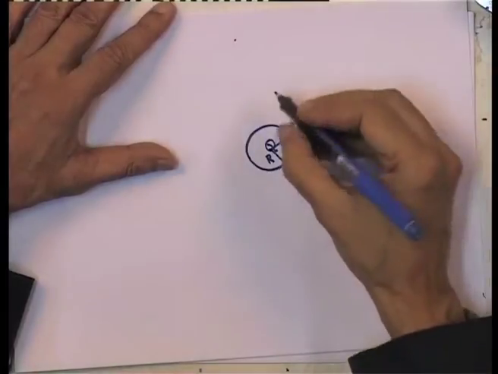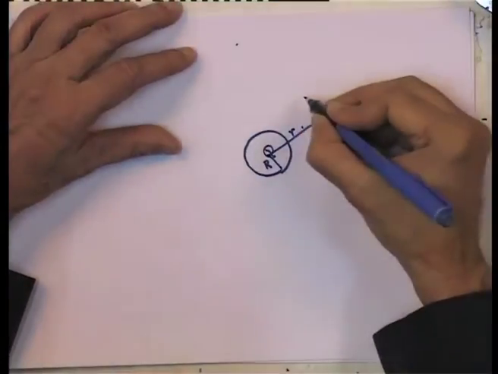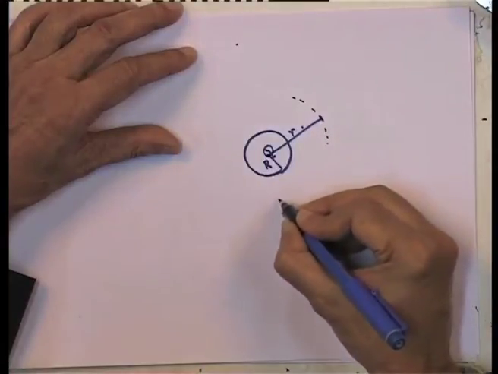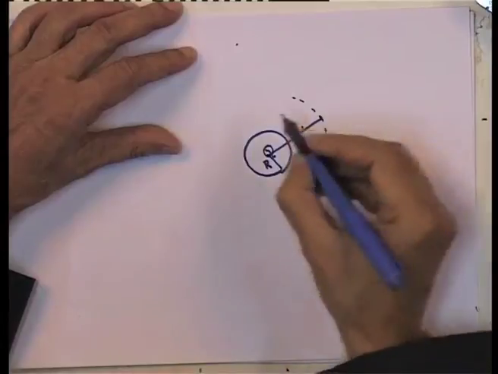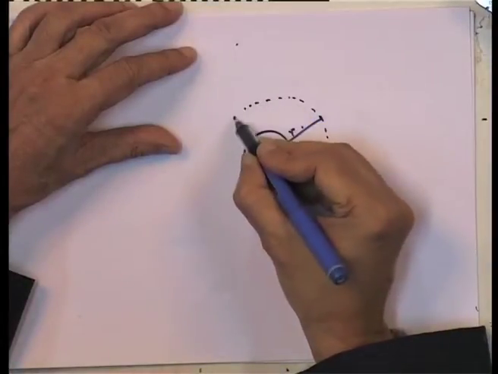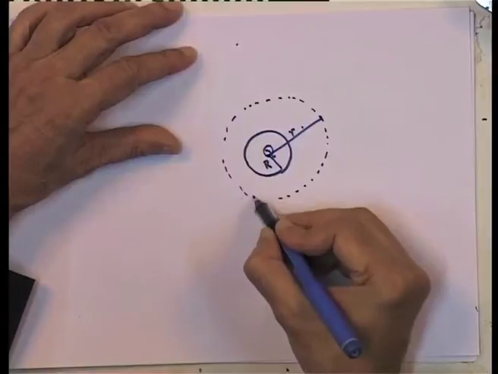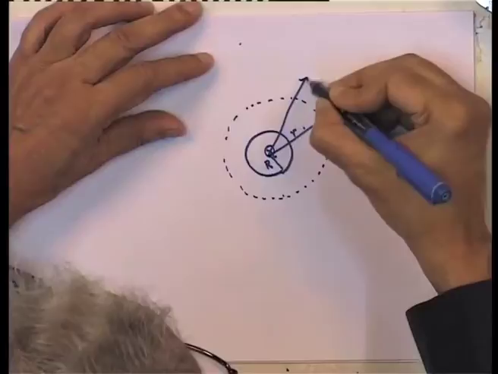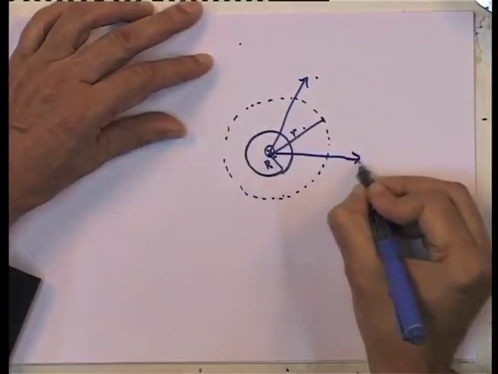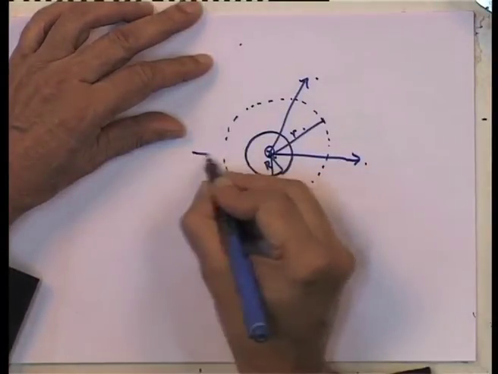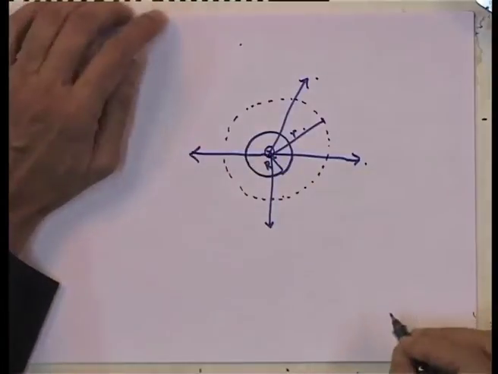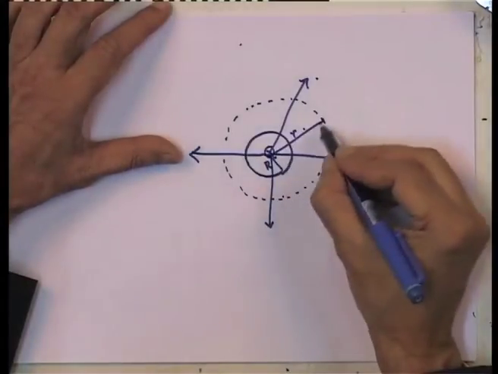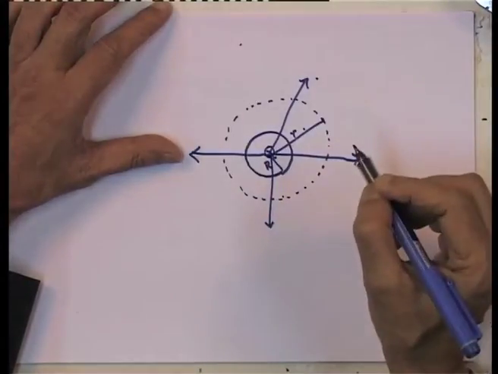what I do is I enclose this in what I call a Gaussian surface, which is a concentric sphere of radius r. The electric field, of course, is outward from here. Now, notice that at a distance r, I am interested in calculating the electric field.